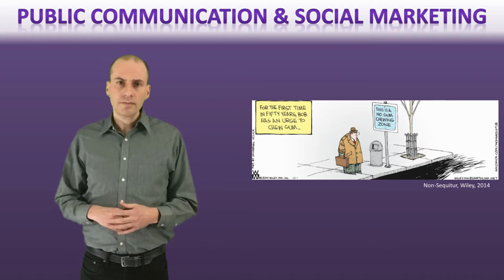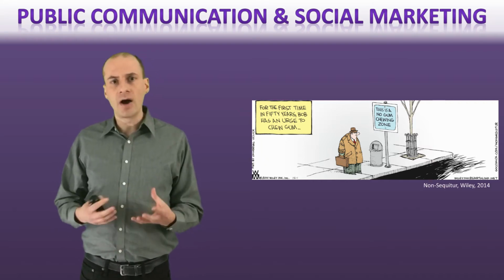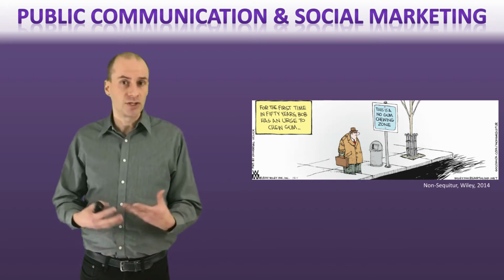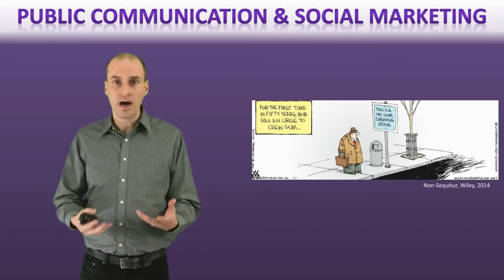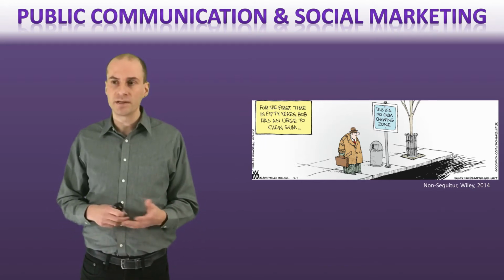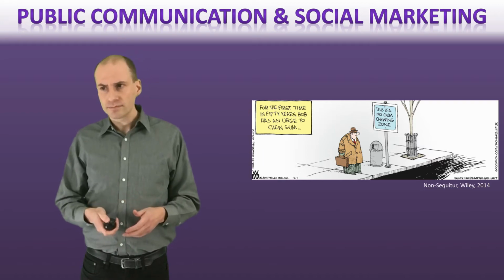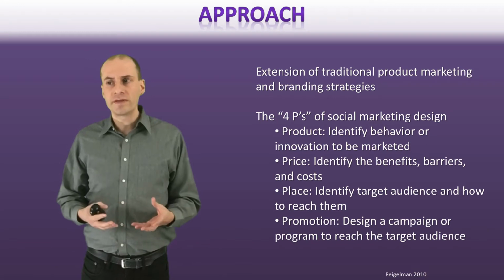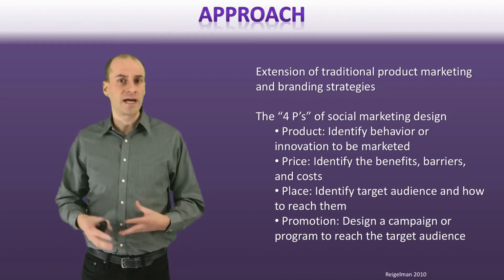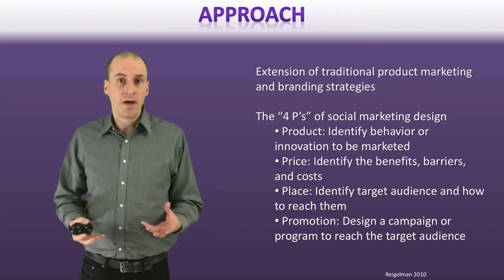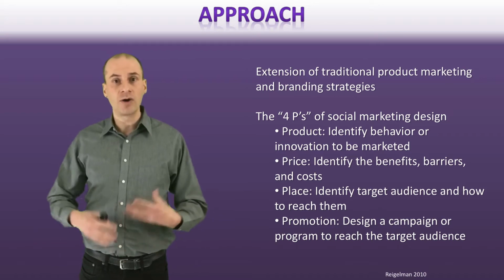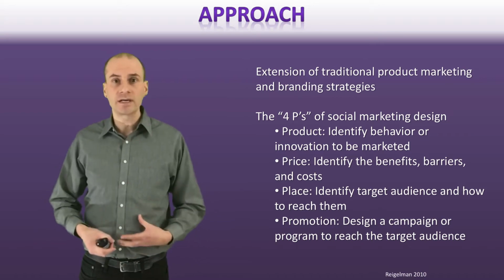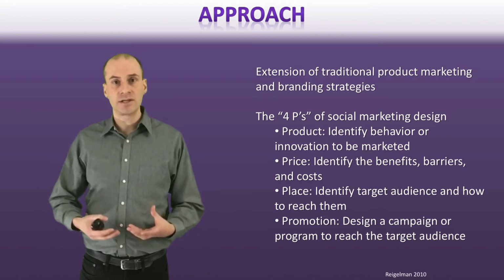All right. So let's talk a little bit about how you take health information and actually create a campaign to talk to the public about some issue that you're interested in. There's a few different ways to think about this. One of them that I think is kind of helpful actually comes out of the fields of business and marketing: how do we actually market products, sell products to the public?